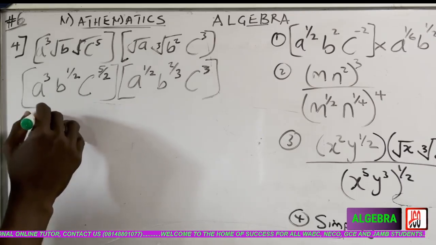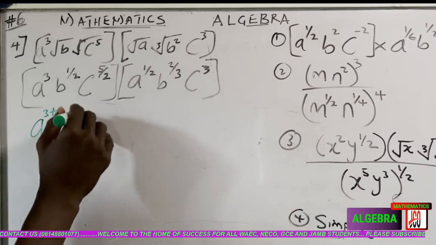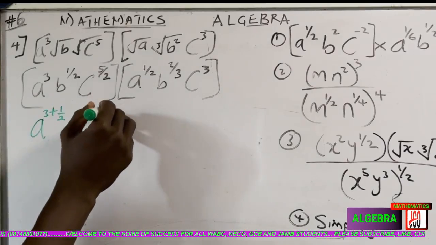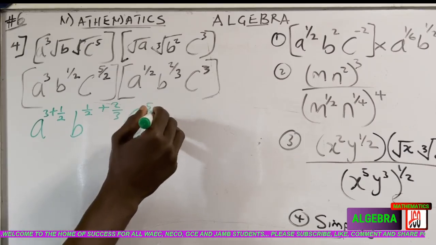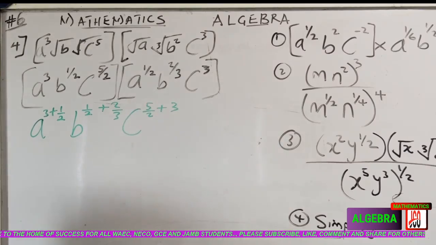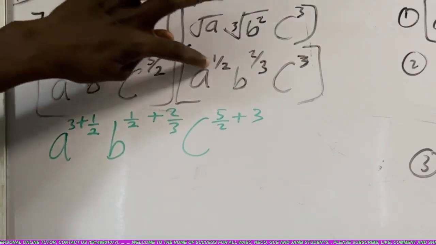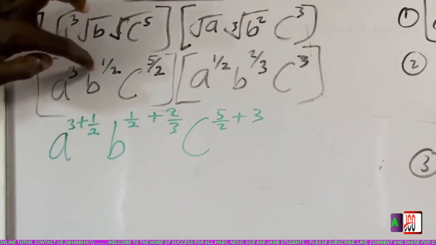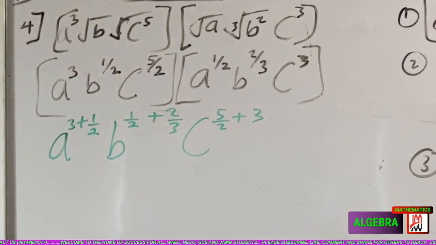So A raised to power 3 plus half, then B raised to power half plus 2 over 3, then C raised to power 5 over 2 plus 3. If you watch closely, what we just did is the power of A here plus the power of A here, the power of B plus the power of B for this, then the power of C plus the power of C for the other one.